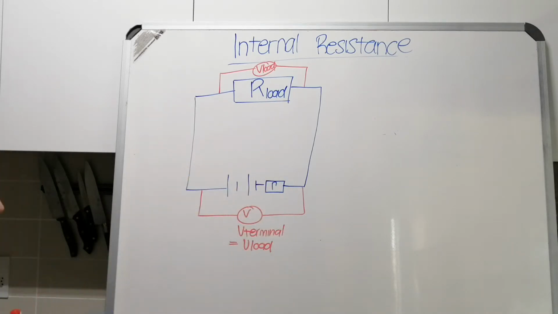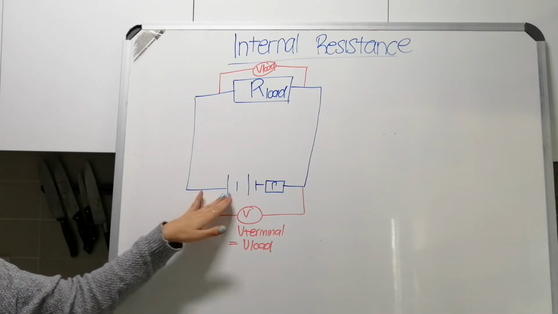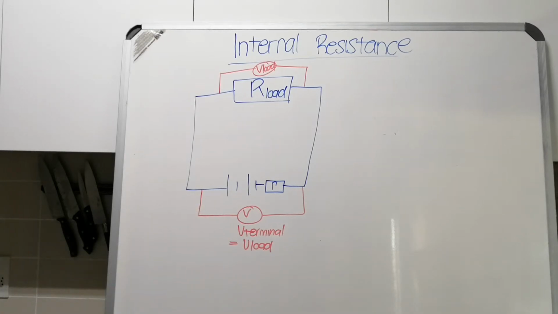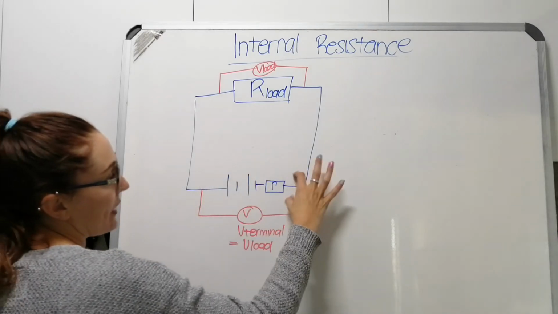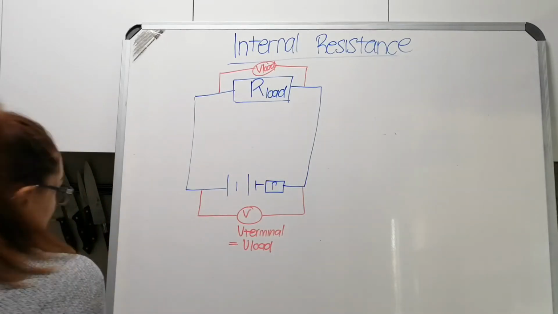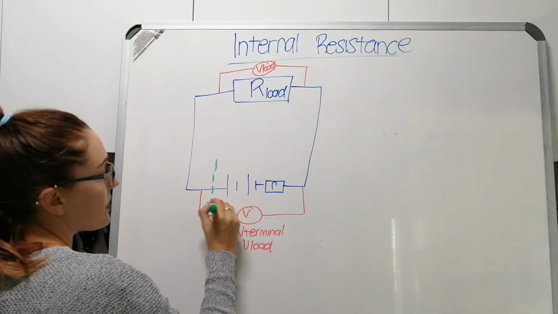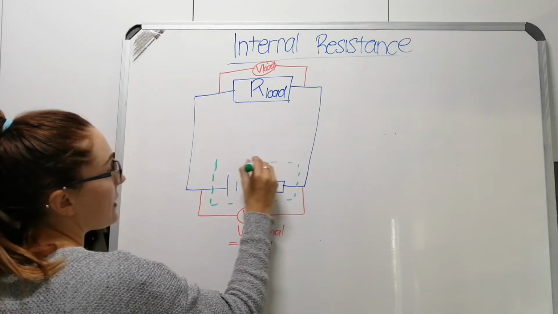Okay, so inside this, I'm not going through all the definitions and all those quickies, so you can read all those notes for yourself. I'm just going through the maths and why the maths is what it is. So if we look inside our battery, this is my battery.